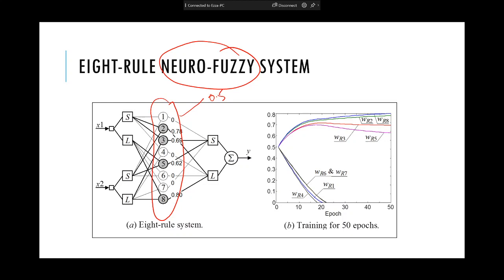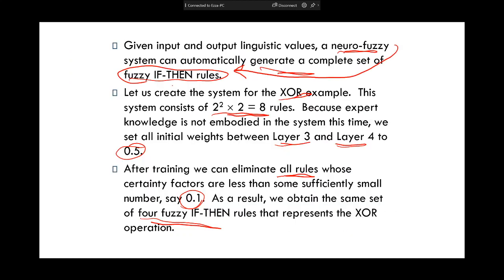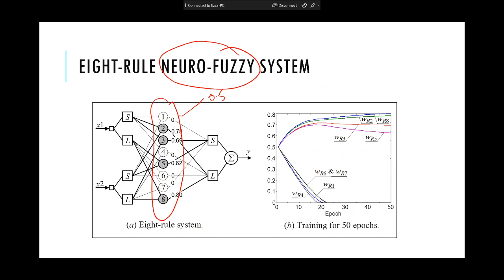Then we eliminate all of the rules that have a certainty factor less than 0.1 here. So it gives the same output for the rules.